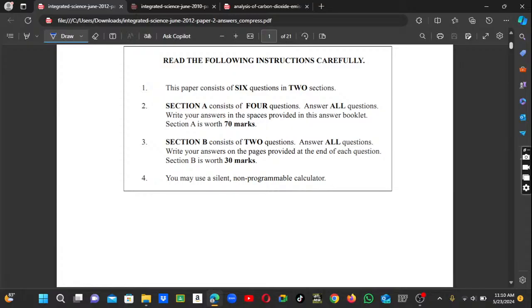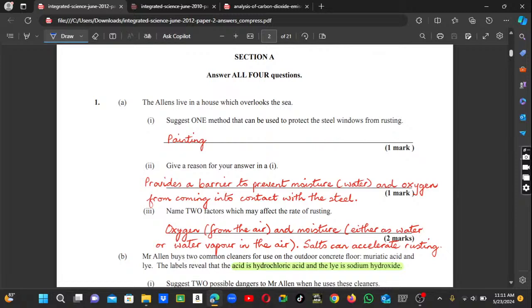I was just going through this integrated science past paper. This is a 2012 paper, and I was just going through a few questions. So these topics, I will just be elaborating on.